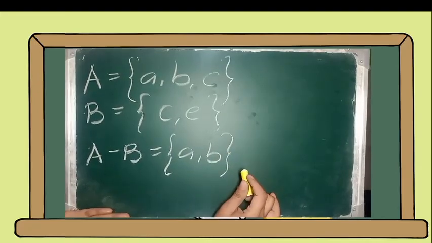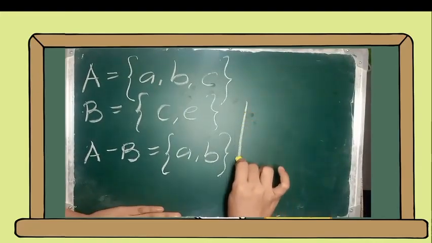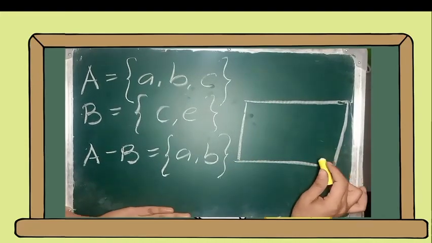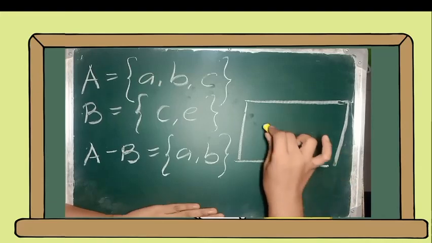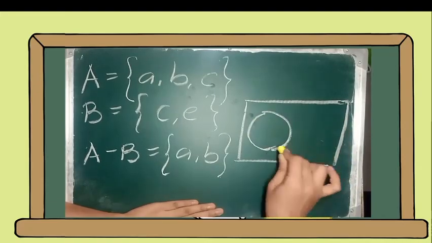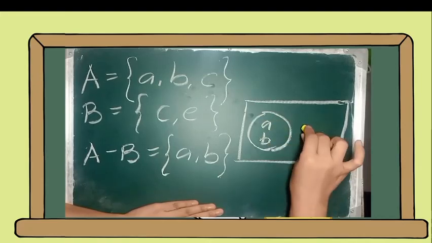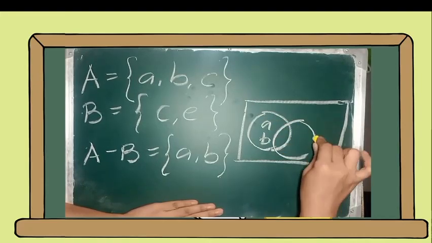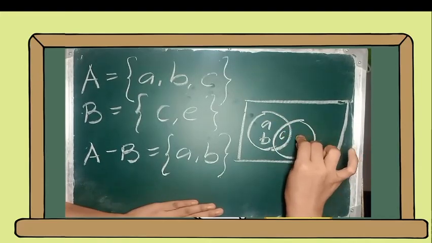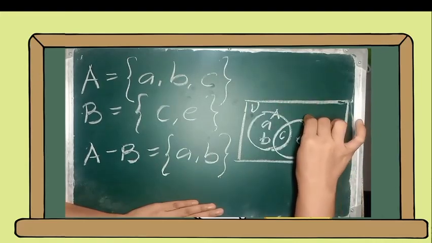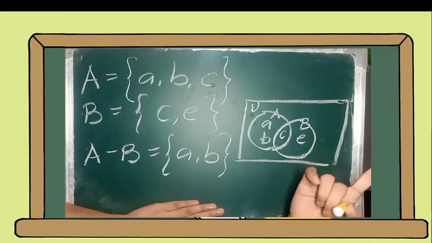So, in Venn diagram, ilalagay natin sa loob ng A, pero sa labas ng B. A, B. C, and E. Set A, set B. So, ano yung mga yun?